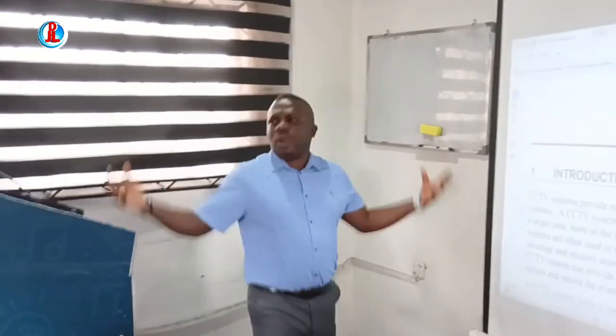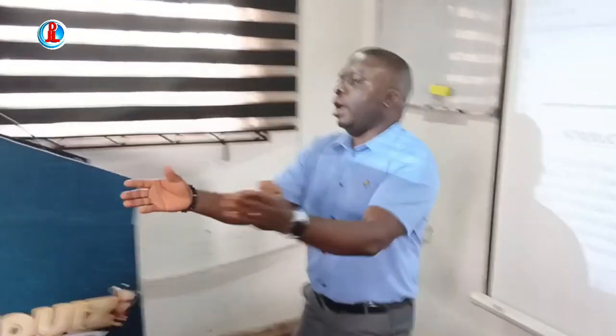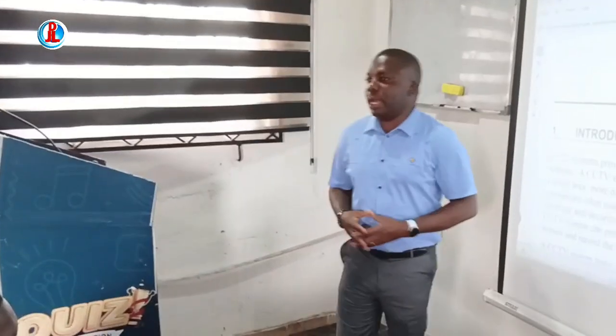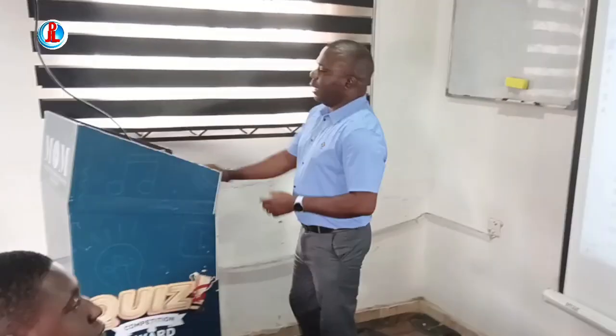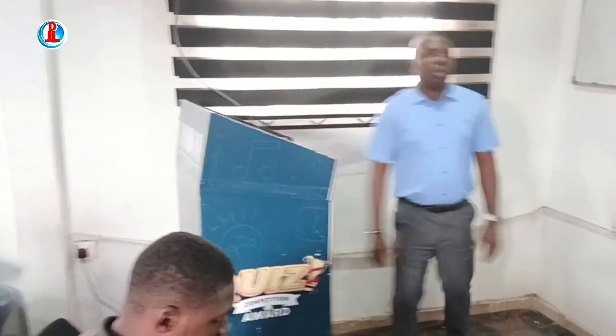When I'm talking about CCTV, it's not just one component. I talk about every component put together. So don't get it twisted by feeling that once they say CCTV, it's just what you are thinking about.